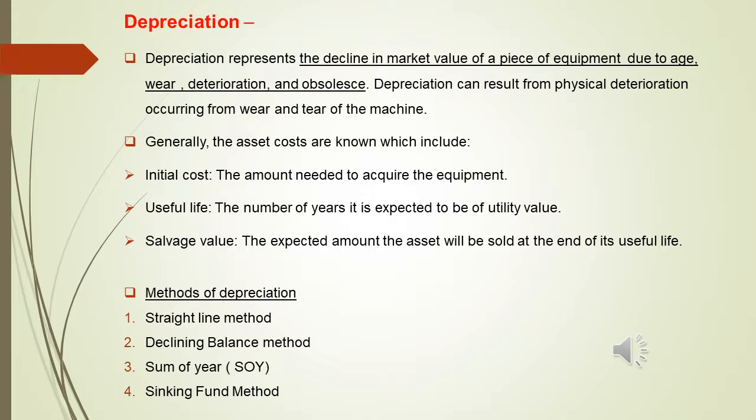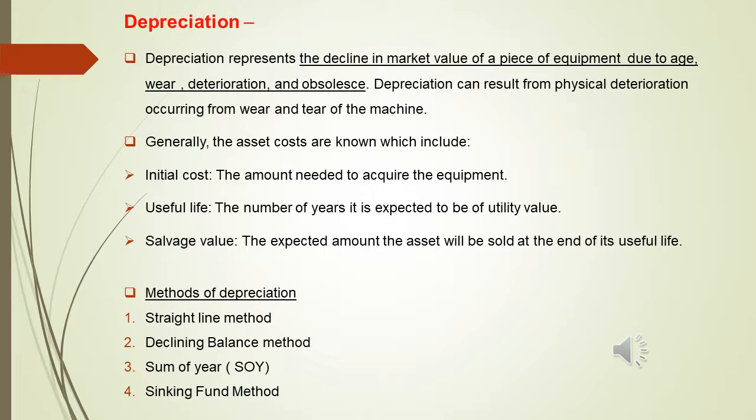Decline means reduction; there is lower market value due to the age or use of these equipments. Depreciation can result from physical deterioration occurring from the wear and tear of the machine. Since these machines run harshly over time, depreciation can occur.